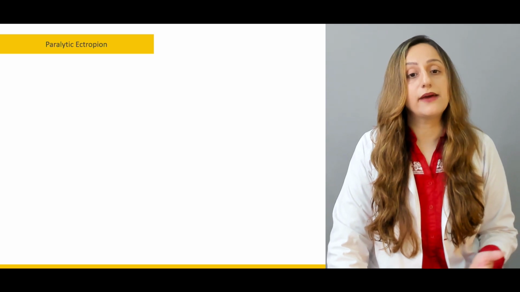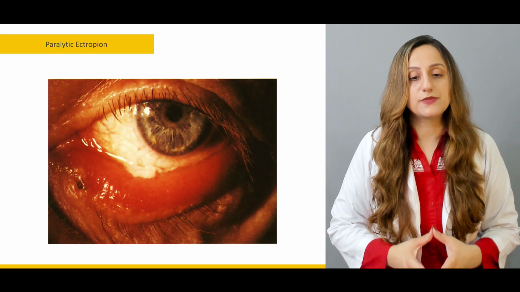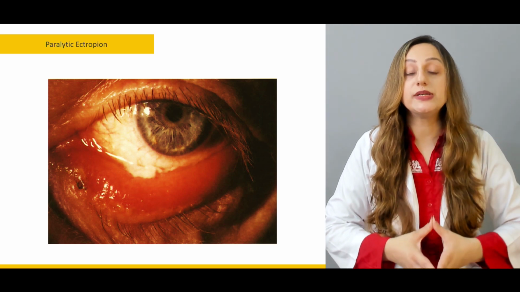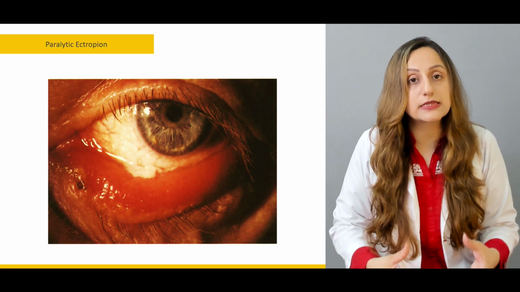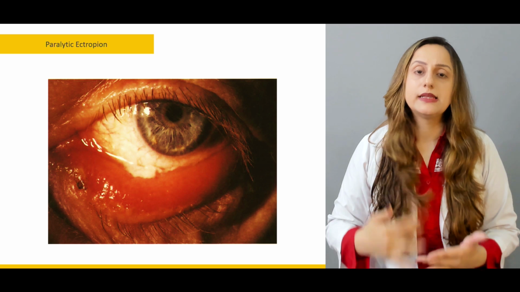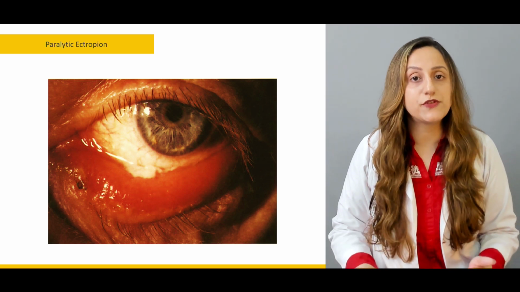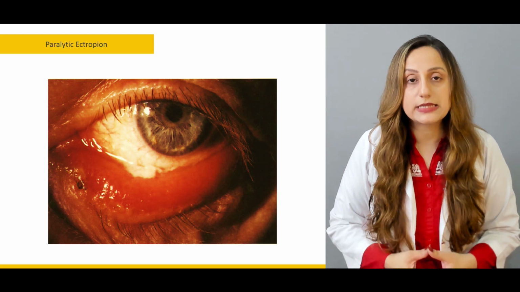Then we have the paralytic ectropion. You can see whenever we have this paralytic kind of ectropion, it's usually nerves supplying the levator muscles, the nerves supplying the orbicularis muscle that is affected in these cases. So it's usually the seventh nerve, that is the facial nerve, that is supplying the orbicularis oculi muscle.